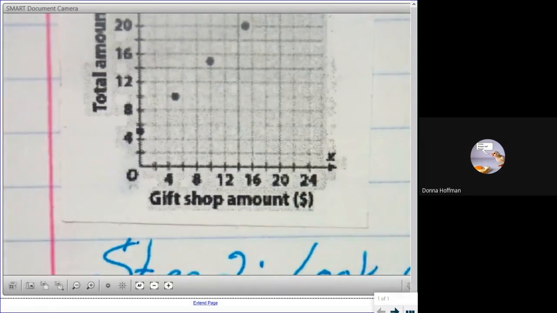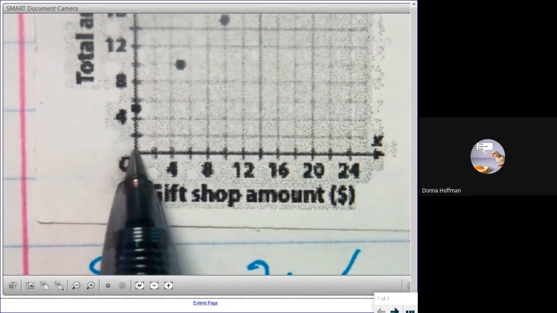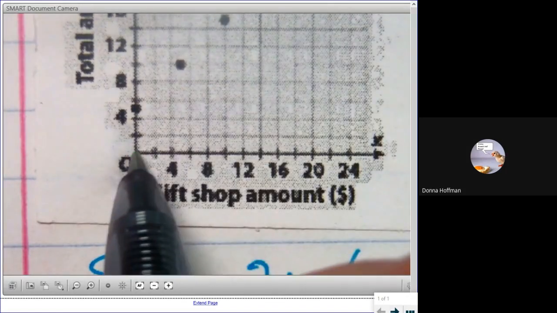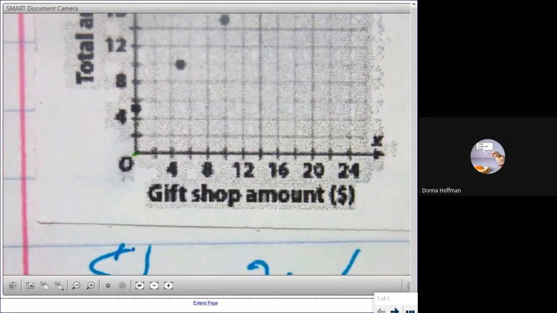The 0 is right here, and I don't move left or right, so my X value is 0. I climb 2, 4, 5. It's scaled by 2, and I didn't go all the way to 6, so my Y value is 5.